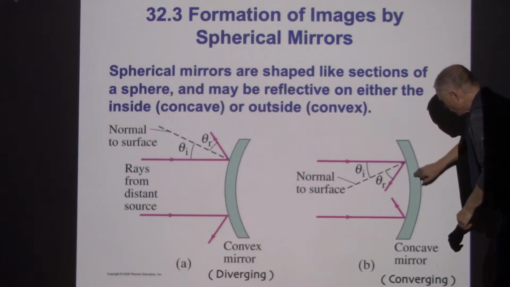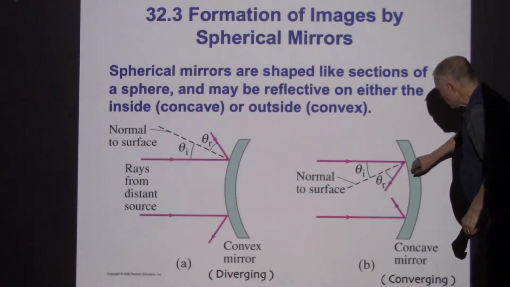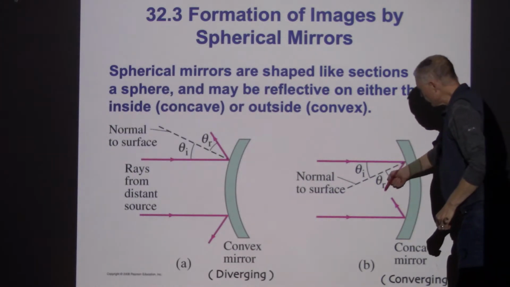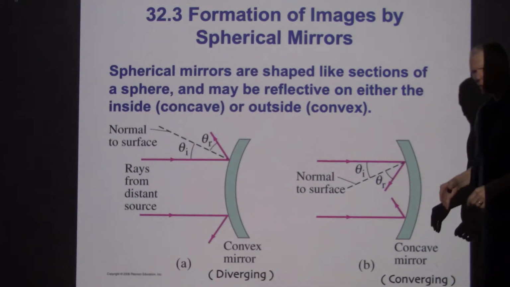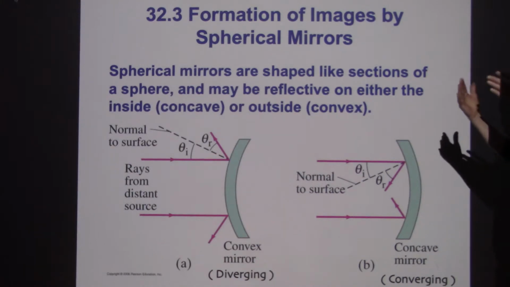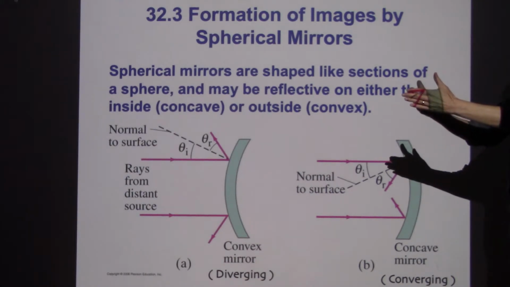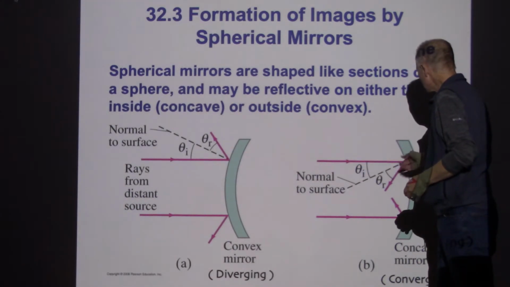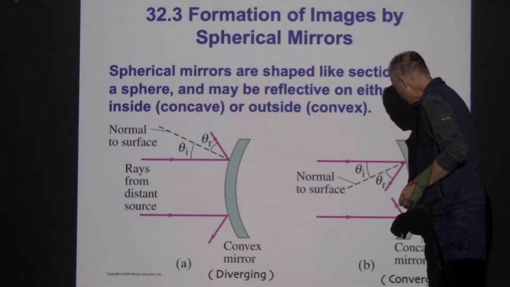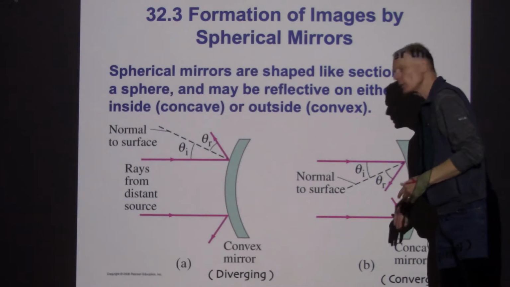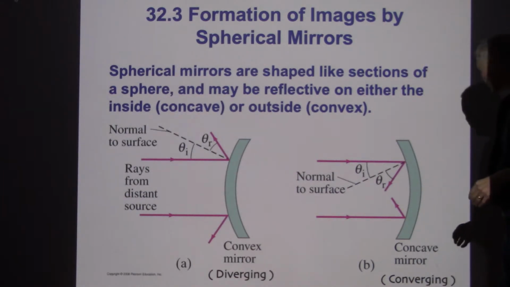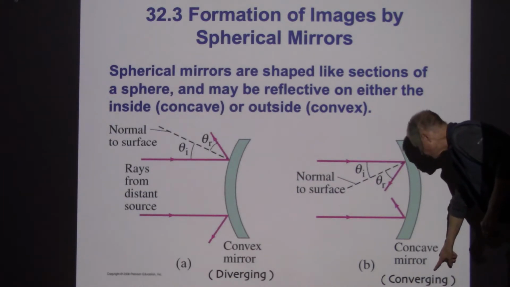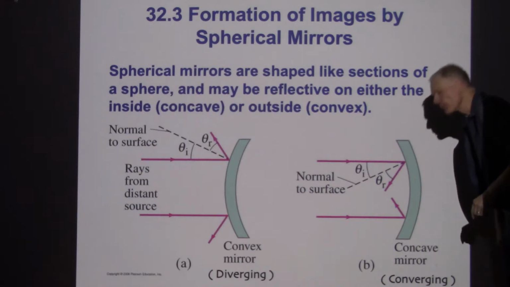Here's light coming in. Because of the curve of this surface, the light reflects in a way where, coming off the surface, the light is being brought together. The different paths of light coming in are being reflected in a way where they're coming together. I'm going to call that a converging mirror.